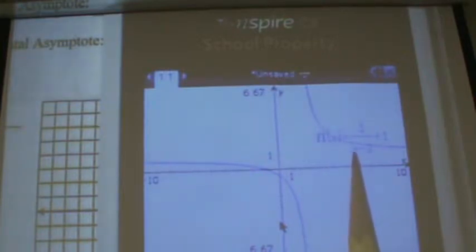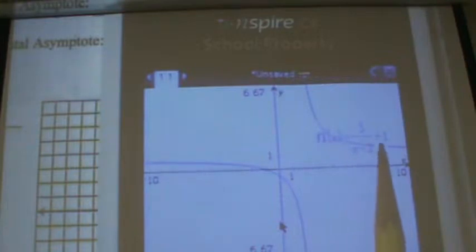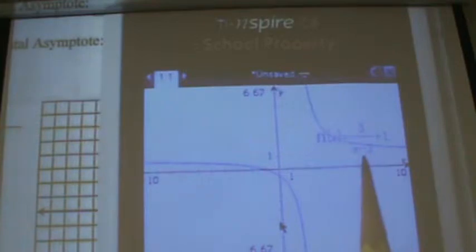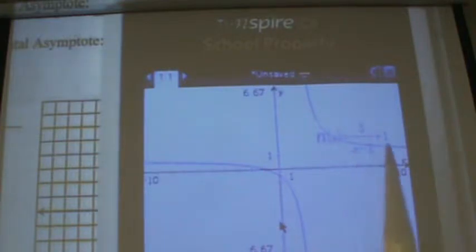X minus 2, this denominator right here. If you were to look at this very closely and say, what number can't we have in the denominator of a fraction? 0. Well, what number would x be to give us a 0? 2.